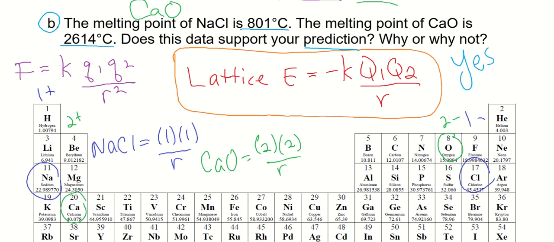And because the charges are higher in calcium oxide, you would expect calcium oxide to require more energy, in this case temperature is measuring that energy, more energy required to separate that stronger attraction between the calcium cation and the oxide anion.